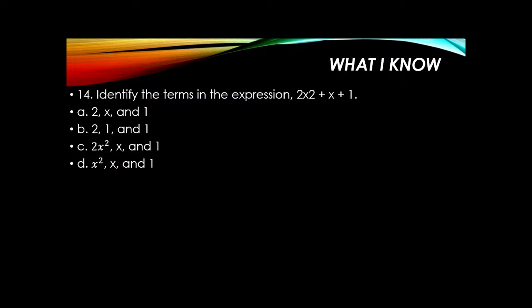C, 2x squared, x and 1. And D, x squared, x and 1. Okay, the correct answer is letter C. Nganong letter C man? Kaya ang atong terms in the expression, ang gihatag is 2x squared, then x, and 1.